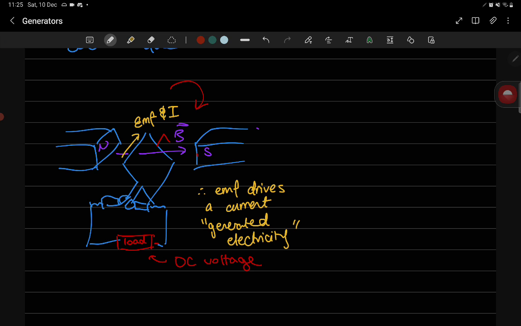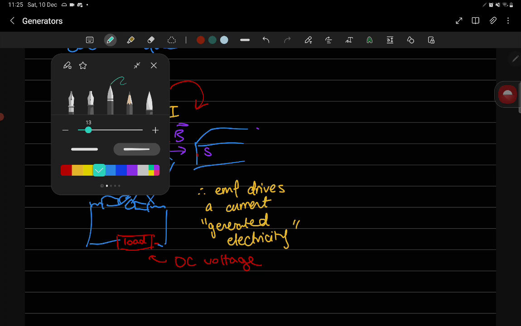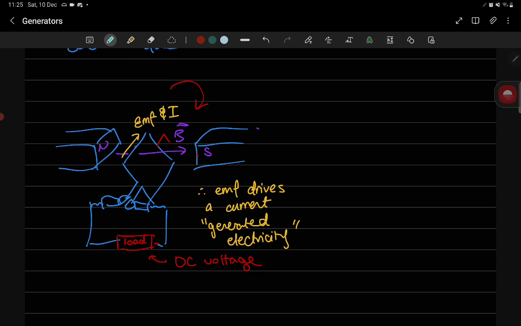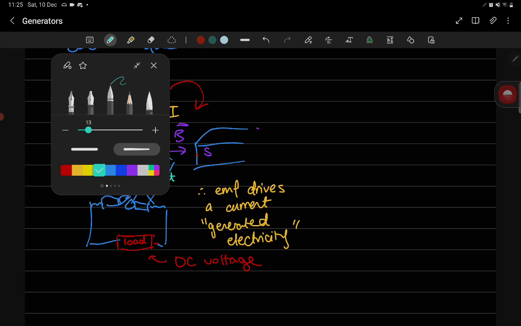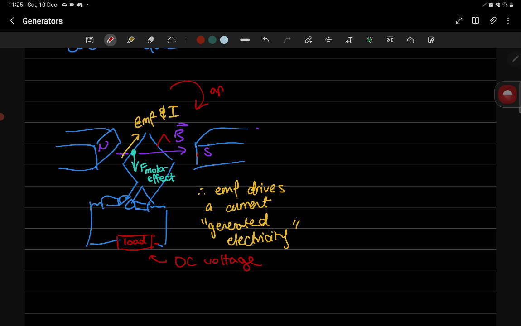Well, if you use your right-hand palm rule, you'll quickly figure out that the force on this yellow current is actually downwards. And it is acting against, or producing a torque that is against, the torque that you are using to turn the actual rotor.